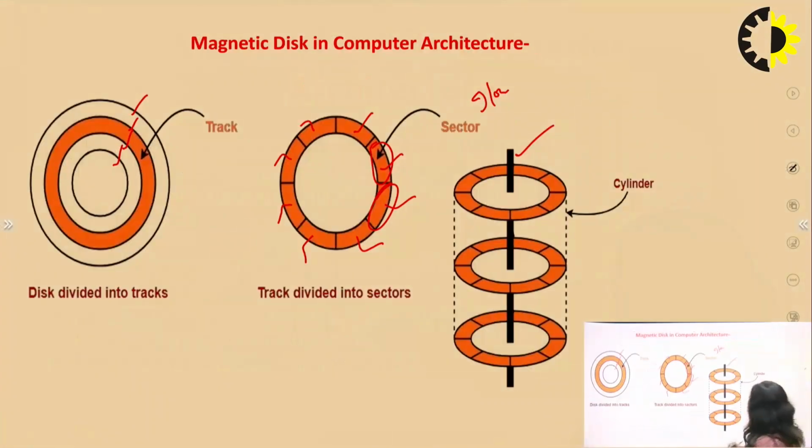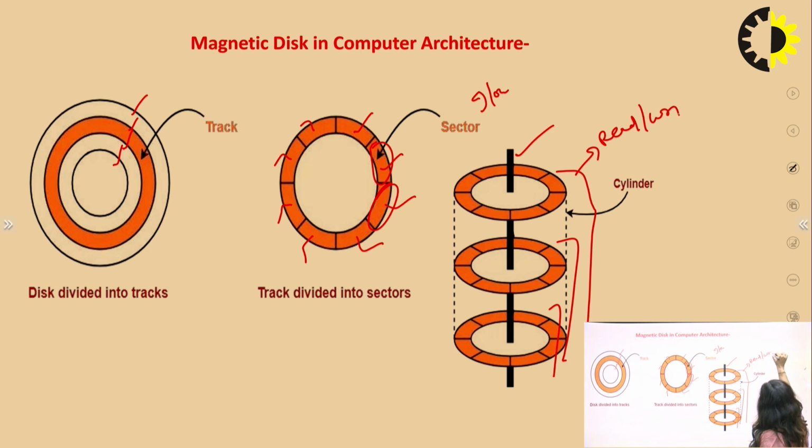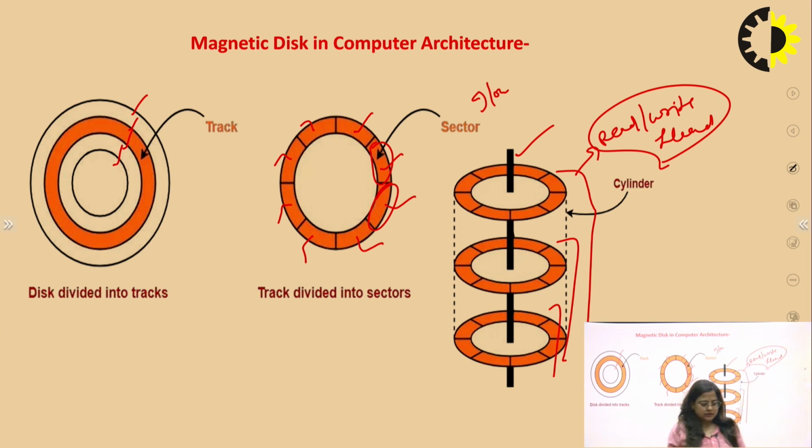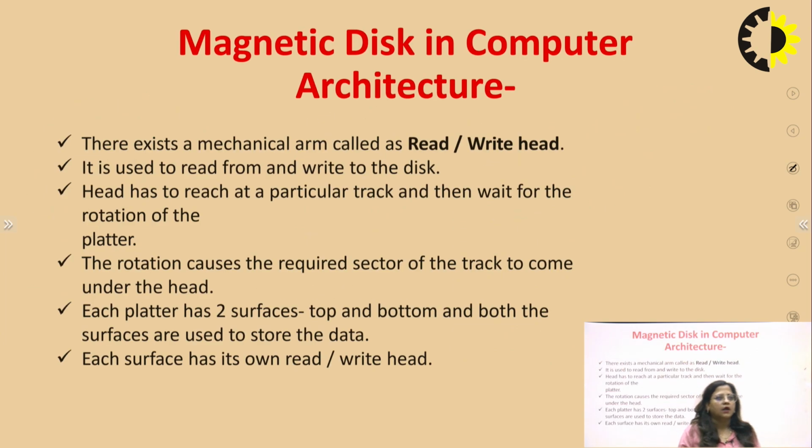This is the mechanical arm, and this is the read write head. The read write head is used to store and access data from the disk, reading from and writing data to the disk. The head seeks a particular track and then waits for the platter's rotation.